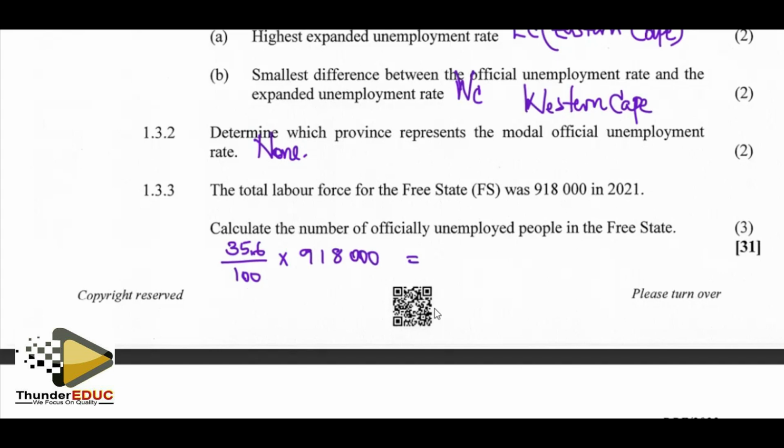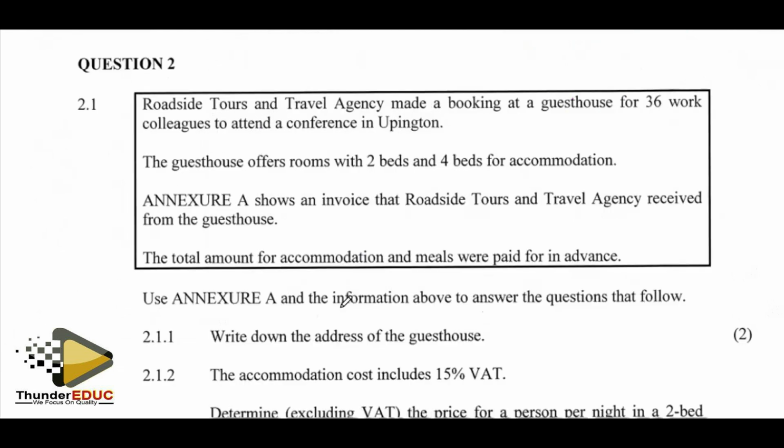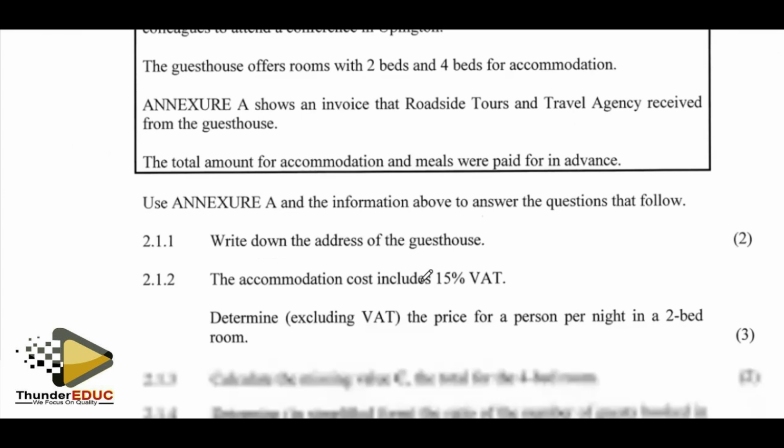And you'll end up having 326,800, and these are the people.